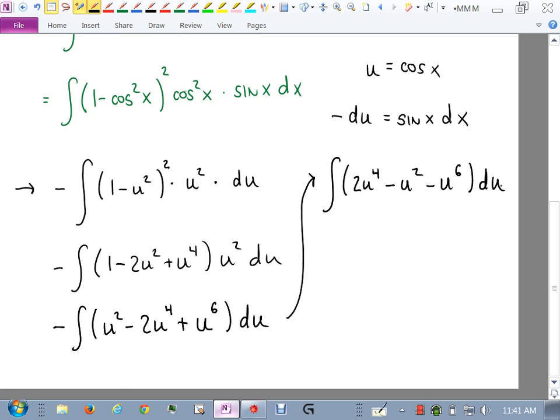So I have my positive term. This becomes positive, the other two become negative. And now I'll do power rule on each one. That's just my personal choice. You didn't have to do that. Antiderivative of this, 2/5 u to the 5th minus 1/3 u cubed minus 1/7 u to the 7th plus a constant of integration.